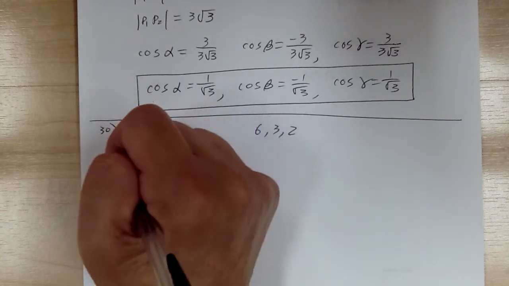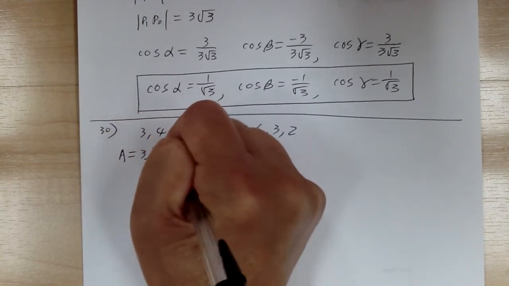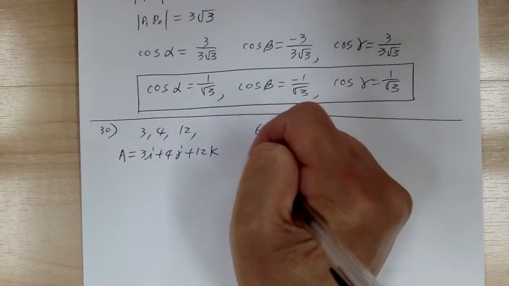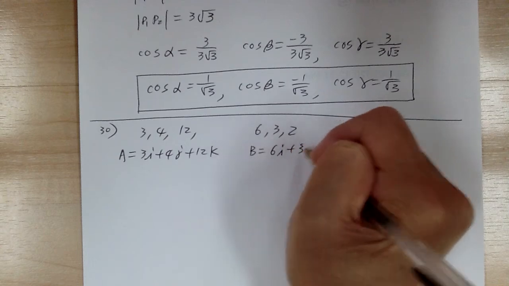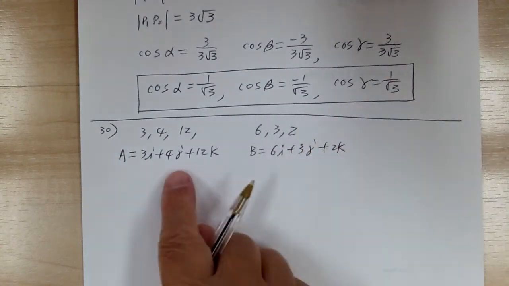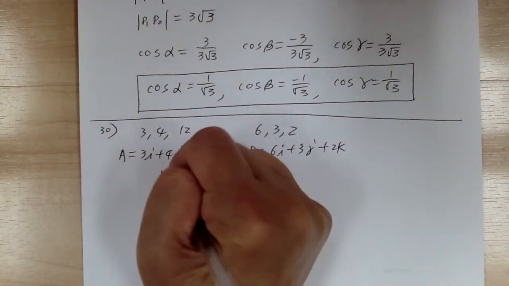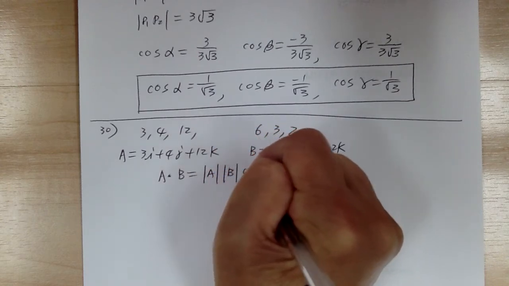From the first direction numbers, vector A equals 3i plus 4j plus 12k. From the second, vector B equals 6i plus 3j plus 2k. Now to find the angle between them, you have to go back to the equation A dot B equals |A||B| cosine theta.